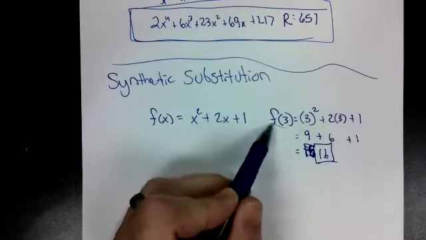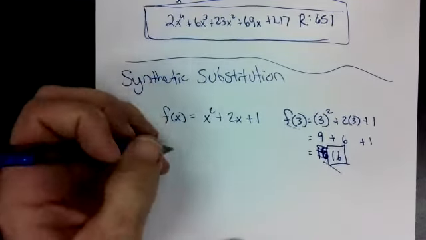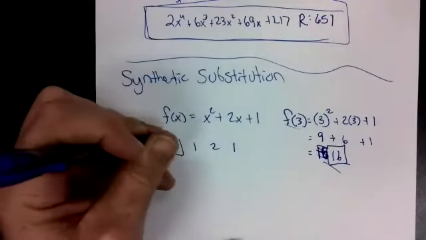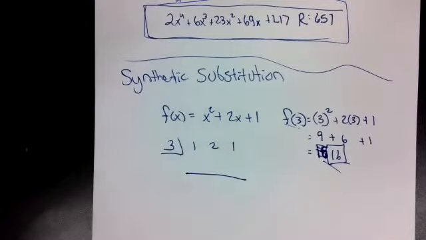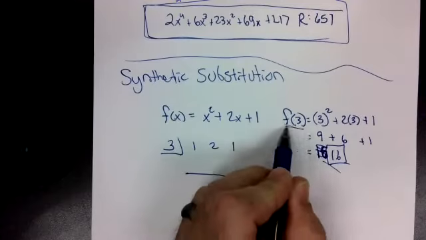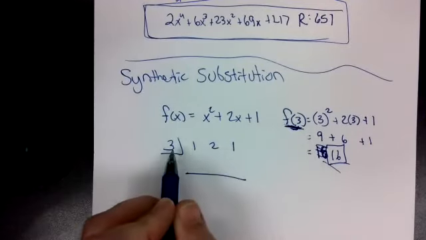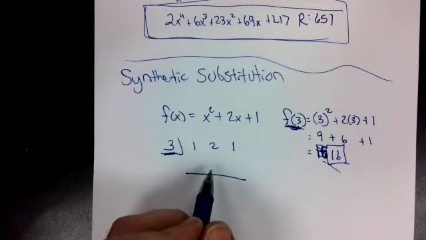Okay, we can get that same answer using a different method. There's a thing called synthetic substitution. And it follows the same pattern of synthetic division. The only difference is, instead of grabbing the opposite, so say I wanted to figure out f of 3, I'm just going to use the 3. So we no longer grab the opposite. We're just going to take that number.